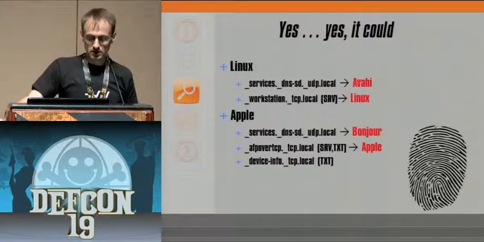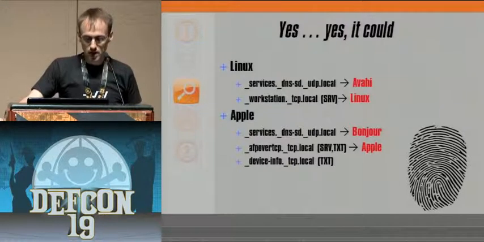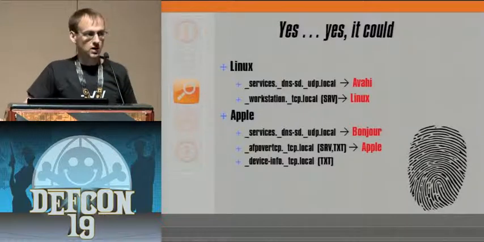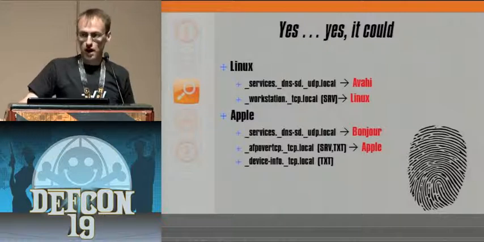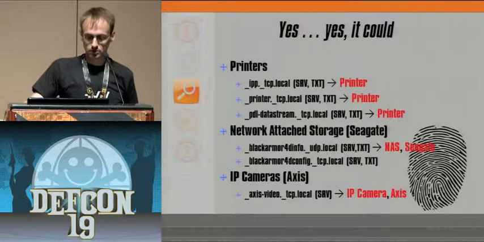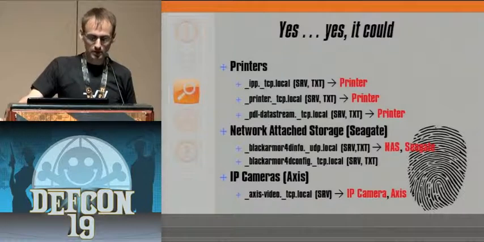If you have _services._dns-sd._udp.local, _afpovertcp._tcp.local, and that's the service and text record, on that host, as well as _device-info._tcp.local, text record, then guess what? You probably have an Apple host. Printers will have IPP, printer, and one of the three.